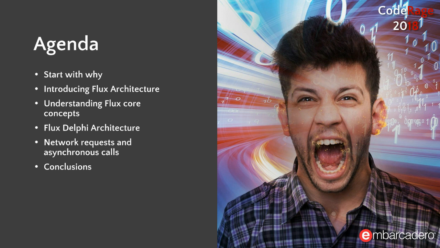Then I'll show you how you can implement this architecture in Delphi, with some special considerations, for example for network requests and asynchronous calls. And then I'll make some conclusions about this architecture and how I develop in Delphi.